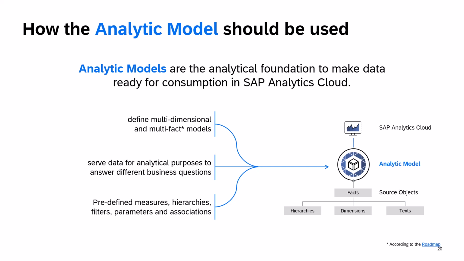In the underlying model or also in the analytic model, you can have the measure definitions, so you can have them predefined in your fact model already, reusing the hierarchies, filters, parameters, and associations you have there, and really maximize the reuse of those source objects.